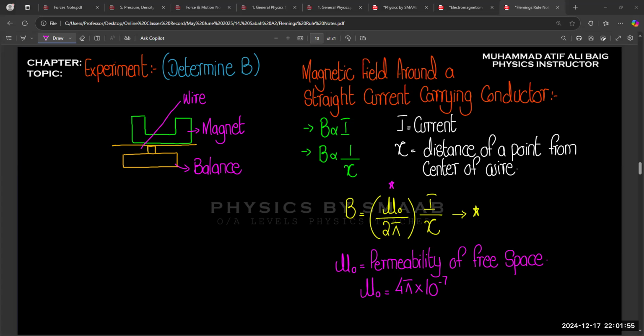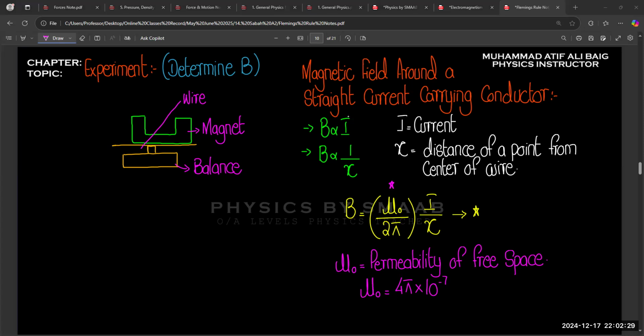Any other question in this magnetic field? Okay, so this formula tells you about the magnetic field quantity, right? And we got a constant value for permeability.